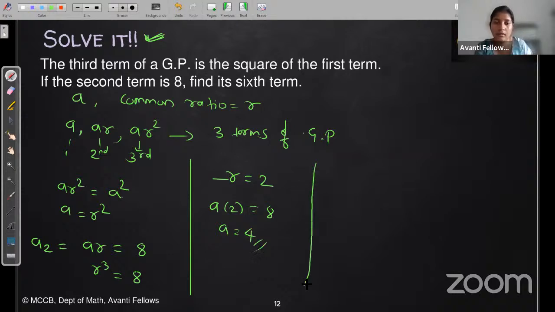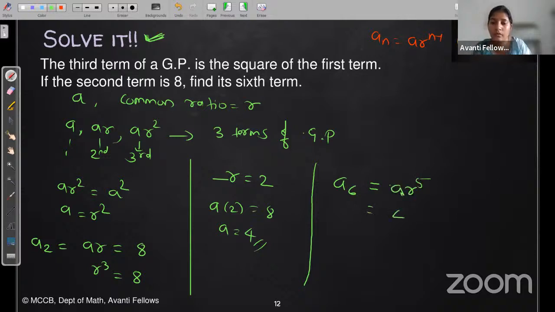Fine. So our ultimate aim is to find its sixth term. Sixth term will be what? A6 is equal to, we know, right? Nth term is nothing but An is equal to A into R raised to N minus 1. So the sixth term will be A6 is equal to A into R raised to 5.